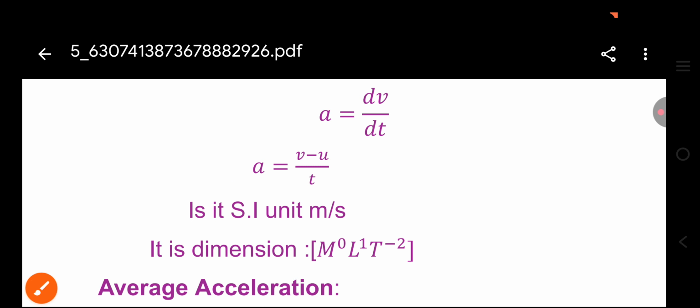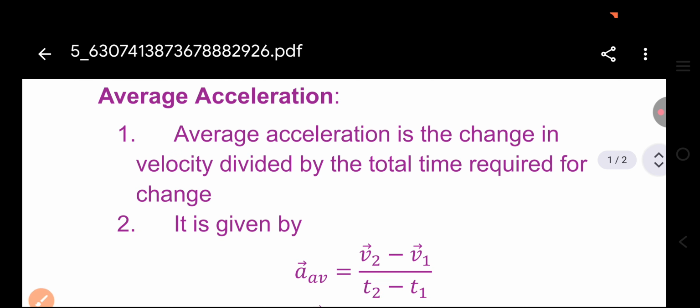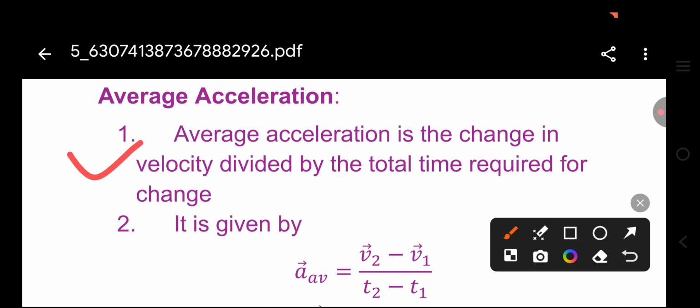Now the second concept is average acceleration. The average acceleration is the change in velocity divided by the total time required for change. The average acceleration is, the simple definition, rate of change of velocity to the total time required for this change.